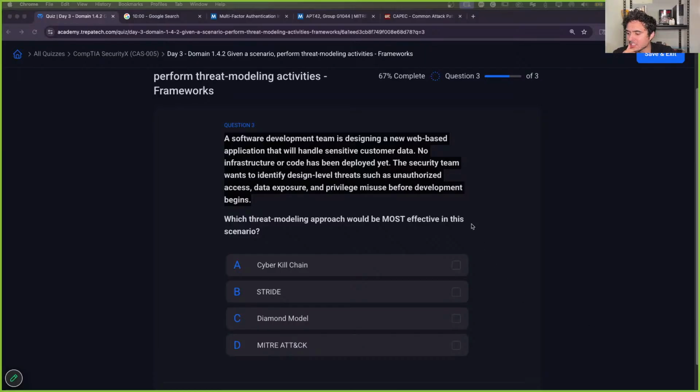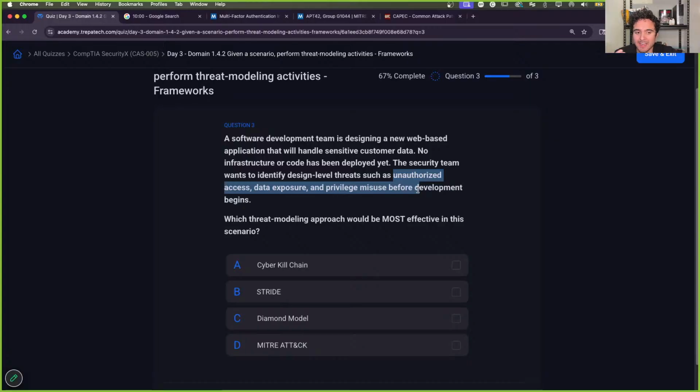So it says web-based, but it's missing OWASP there. So that would have been my answer if it was on there. But we don't have infrastructure or code. Nothing's been deployed yet. But we want to identify design-level threats. We just want to look at an application and say, at the system itself, where could we potentially find vulnerabilities? So we're not looking at an attacker.